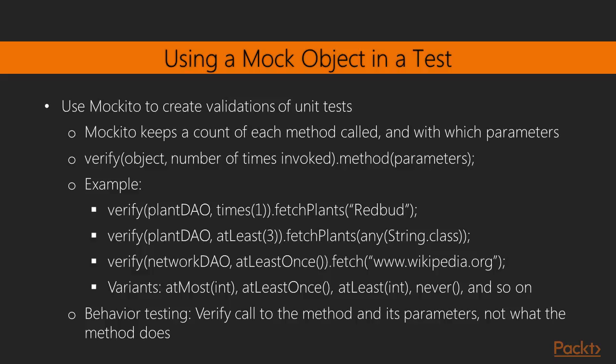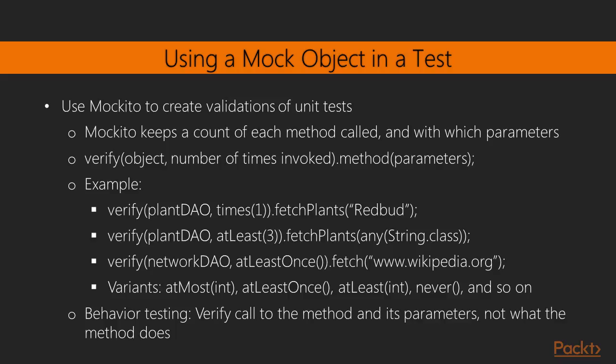Now, in this case, you see I'm using plantDAO. Actually, it would probably be better to do an example with networkDAO on these first couple examples, simply because we're verifying against our mocked object which methods were called. So the third line here, I have a better example, which is showing a call against networkDAO. In this case, we're saying verify that networkDAO's fetch method was called with the parameter wikipedia.org and verify that that was called at least one time.